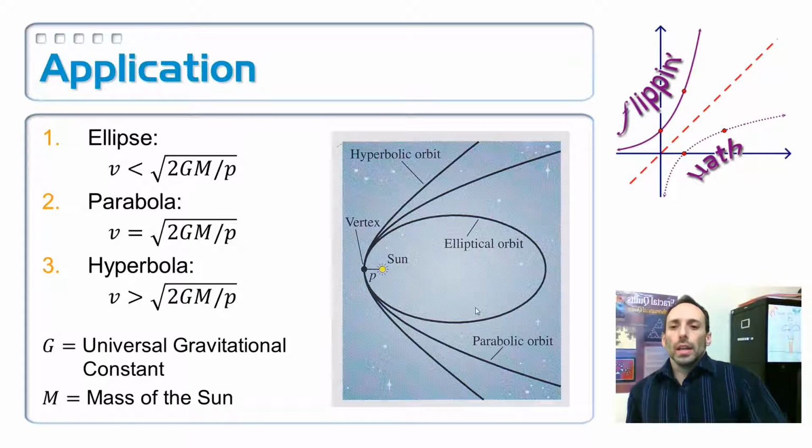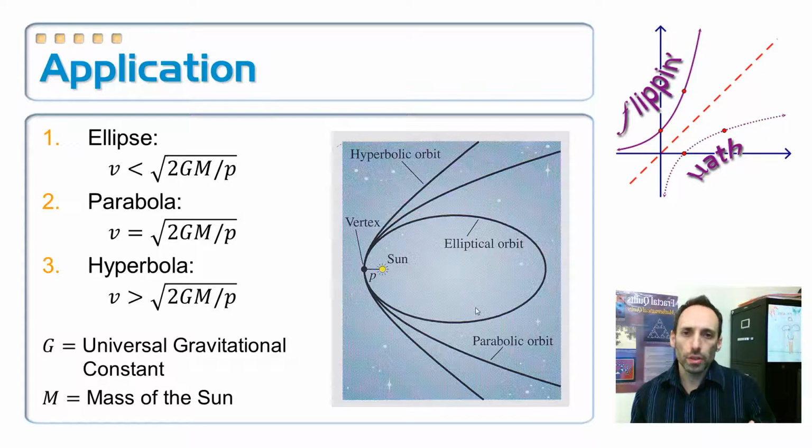So if the velocity is smaller than that quantity, you get yourself an ellipse. So basically it gets trapped in by the sun's gravity and it just keeps going around the sun. That's us, right? Okay. If the velocity is exactly equal to that quantity, then it can escape the gravity and it can keep on going, and the path that it's tracing out is a parabola.